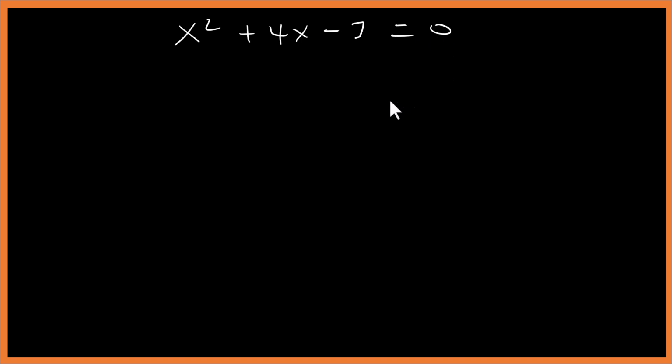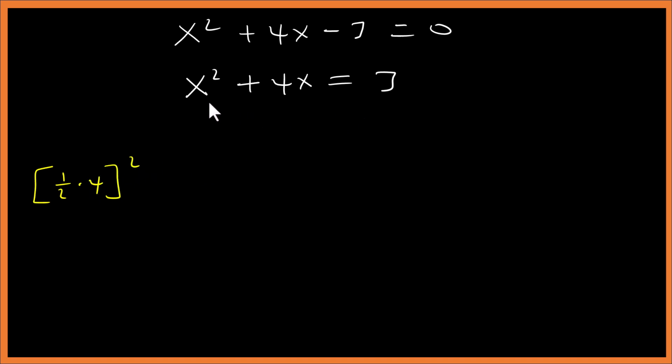So let's use the method of completing the square to solve this. First of all, I'll send the minus 3 to the other side: x squared plus 4x equals 3. I'm going to take the square of half of the coefficient of x and add it to both sides of the equation.